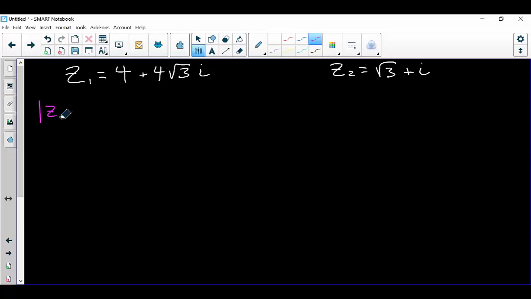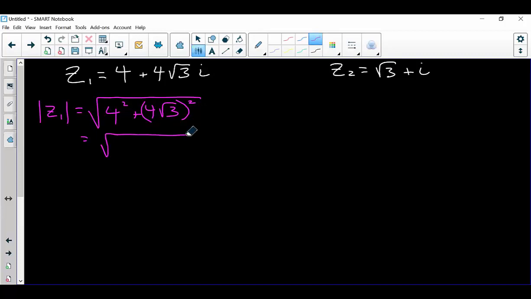I need to find the norm of Z1. So that's going to be 4 squared plus 4 square roots of 3 squared. This is how we get the norm. Now, that is going to be 16 plus 16 times 3.